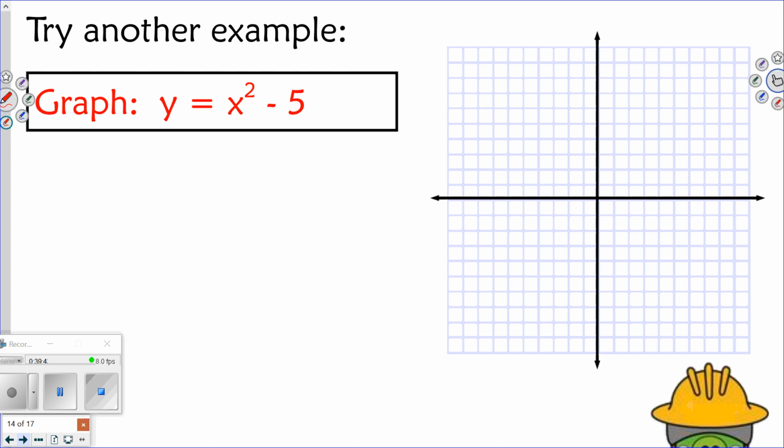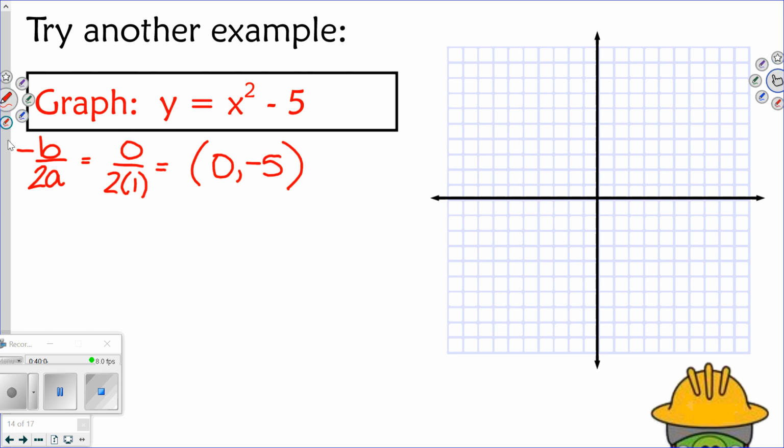All right, so let's try this one. So if you're going to graph it, we need to do our -b over 2a. So yeah, 0 over 2 times 1 is just going to be 0. If you plug that back in, we get -5.